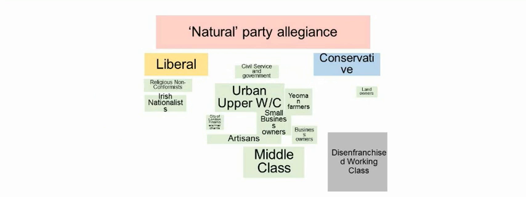Middle classes and small business owners tend to be a bit more centrist, but are on the side of the Conservatives, with the Liberals getting special interest groups such as the religious nonconformists, the City of London financiers, the Irish nationalists, etc. And they tend to get the sympathy of the slightly, on average, poorer members: civil service, upper working class and artisans. Also some morally or religiously motivated middle class people.